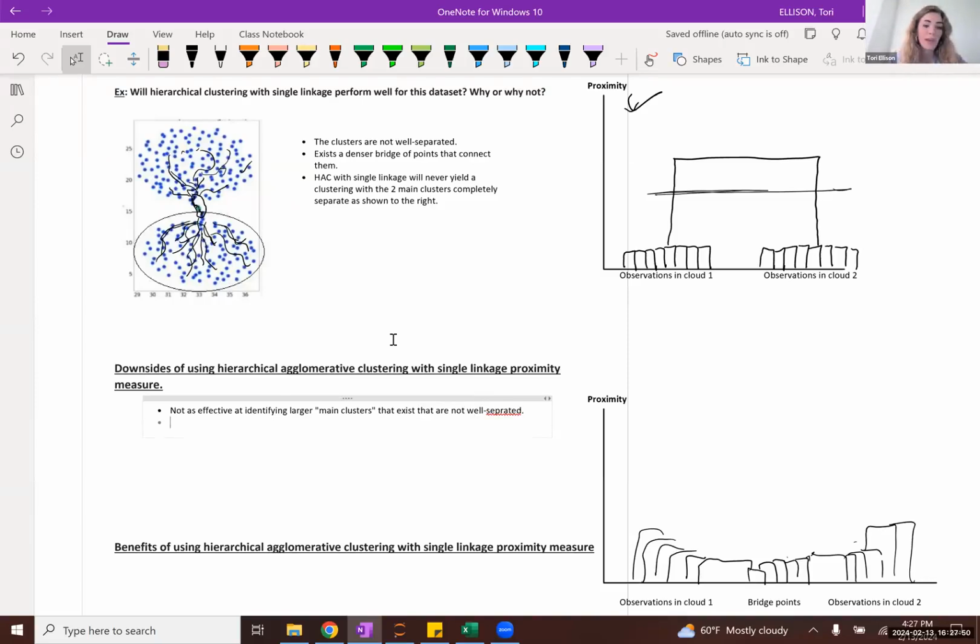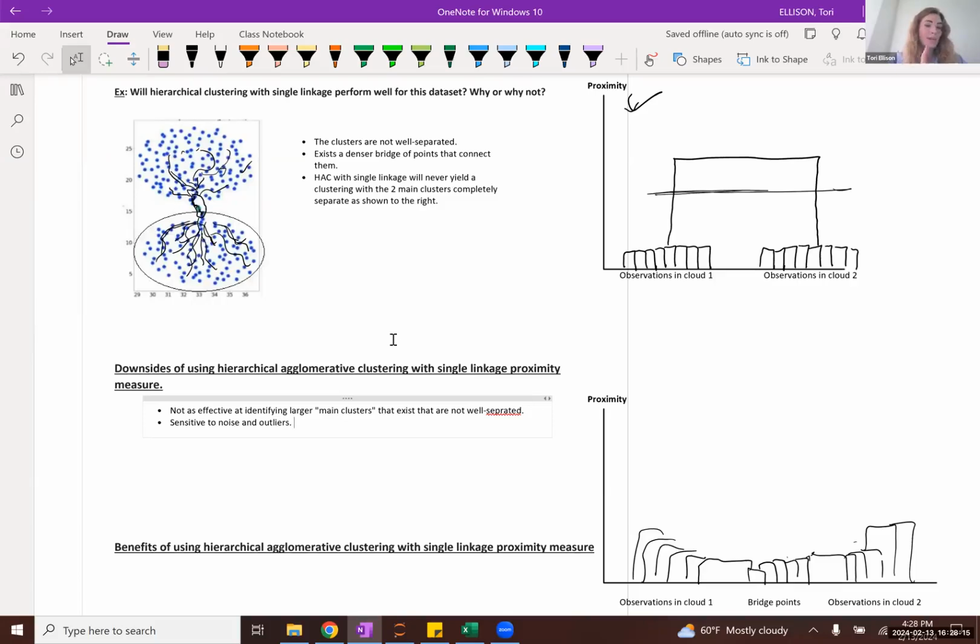Now, in addition, another downside to single linkage hierarchical agglomerative clustering is that it is sensitive to noise and outliers. The term sensitive to noise and outliers is a very context dependent definition of a given algorithm. So we want to ask ourselves, what does it mean for a given algorithm to be sensitive to noise and outliers?